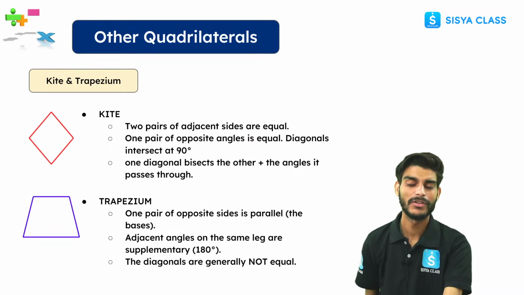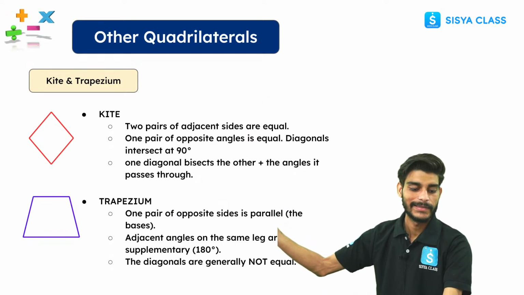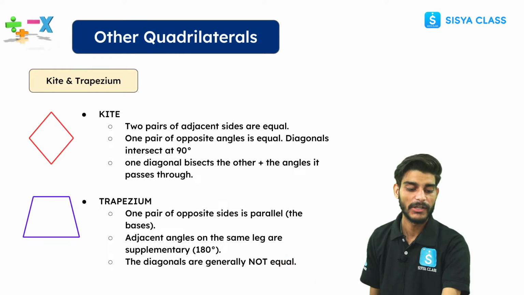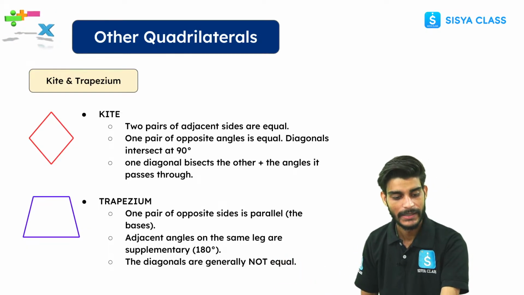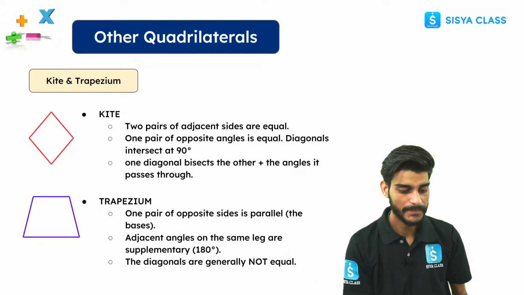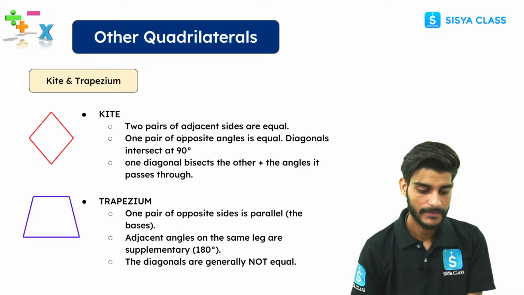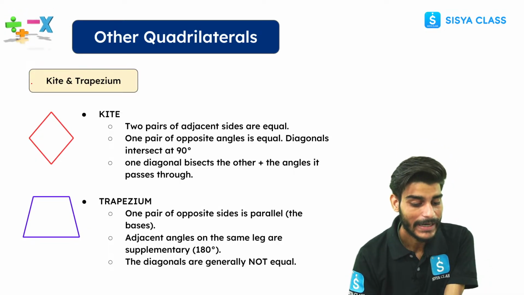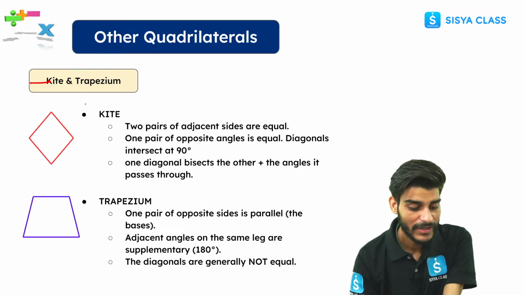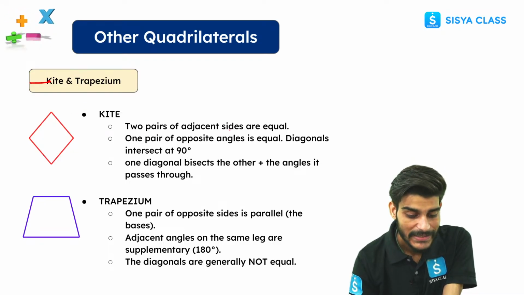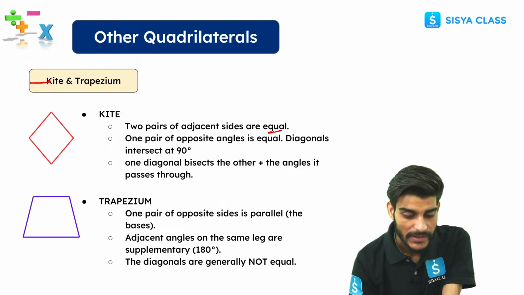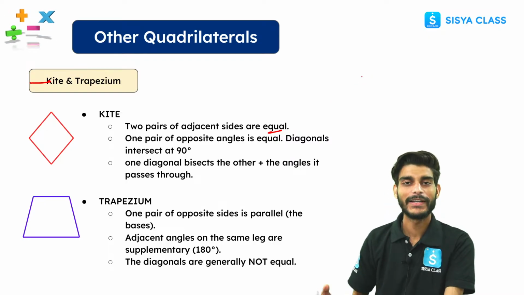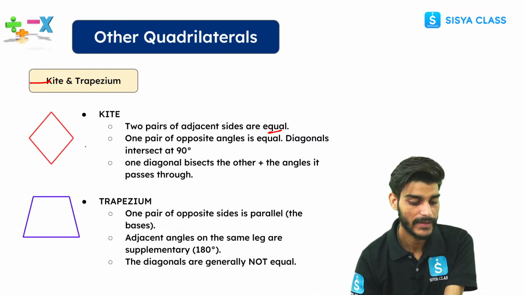Now let's move on to some more quadrilaterals like kite and trapezium. This is a special family of quadrilateral. Kite and trapezium are different from what? Parallelogram. The first one is kite. Two pairs of adjacent sides are equal here. So first of all, what is the shape of a kite?